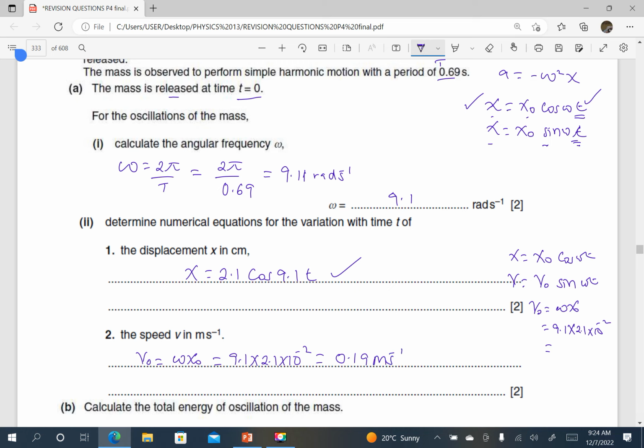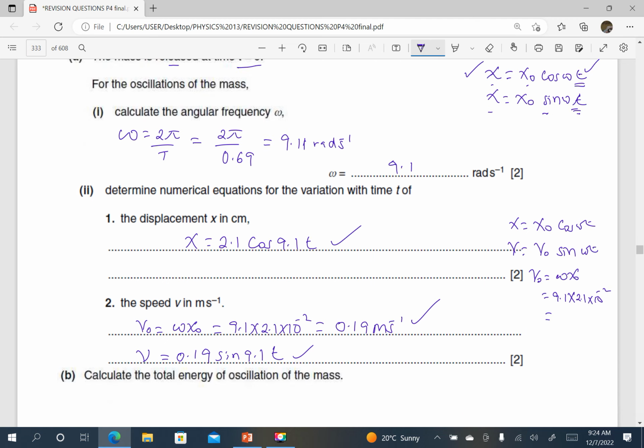So v is going to be v naught sine omega t, so v is equal to 0.19 sine 9.1t. The examiner would wish to see this, and that will be fine.